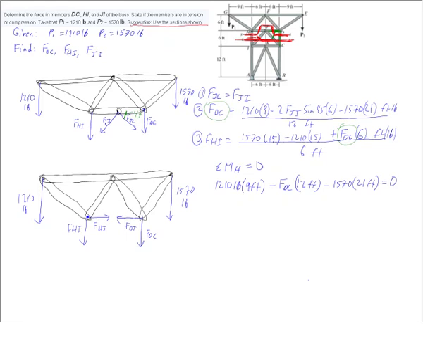Nice, we only have one unknown, so we can find FDC. FDC is going to be equal to 1210 times 9 minus 1570 times 21 all over 12. Top is foot-pounds, and the bottom is feet. So we'll end up with pounds, which is what we're hoping for. I'll plug this in the calculator real quick.